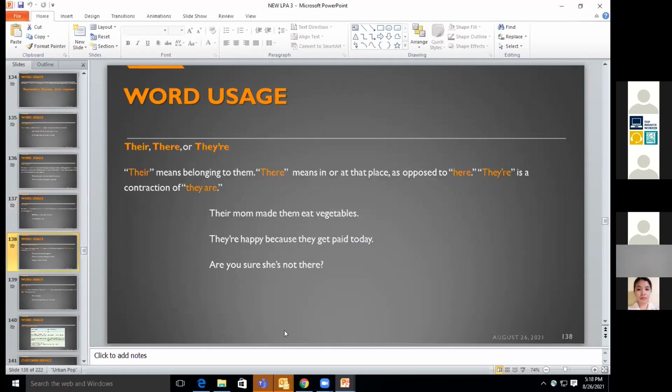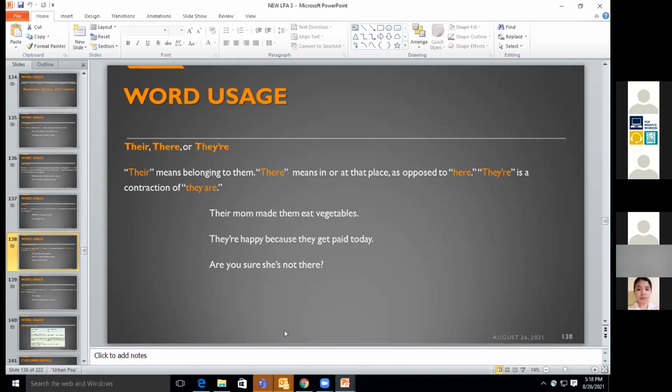And then of course you have their, there, and they're. Their means belonging to them. There means in or at that place as opposed to here. They're is a contraction of they are.